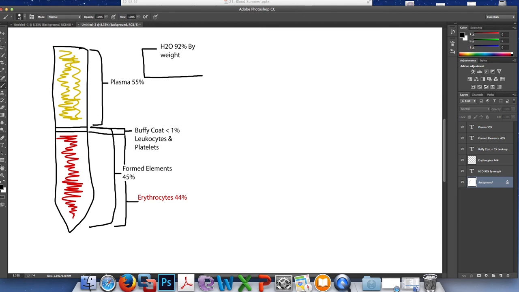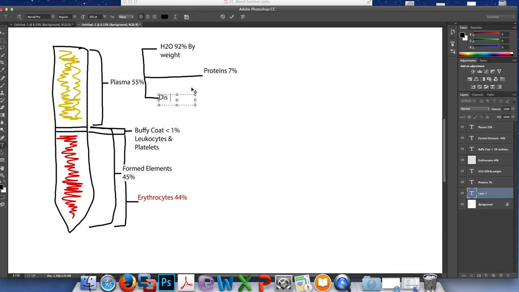And then we have our proteins, which are 7% by weight. And then we have our dissolved solutes, which is less than 1% by weight.